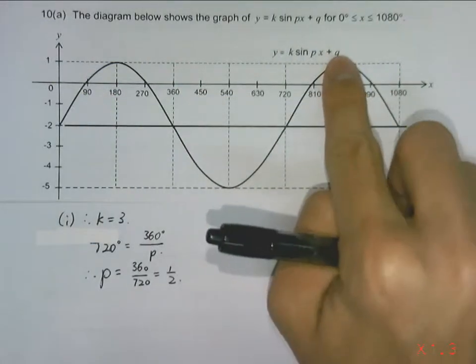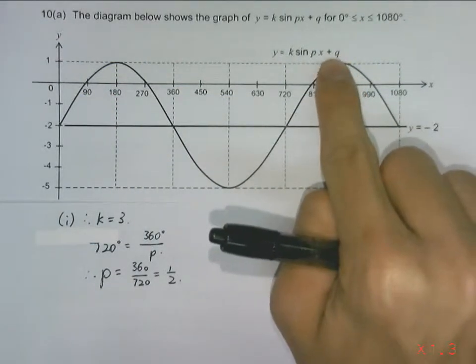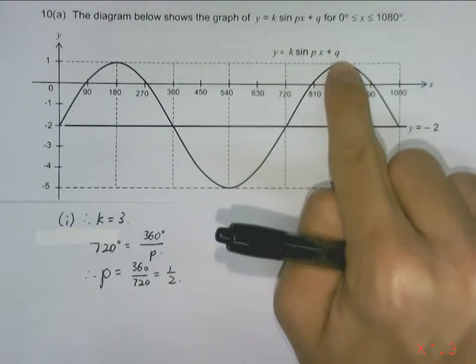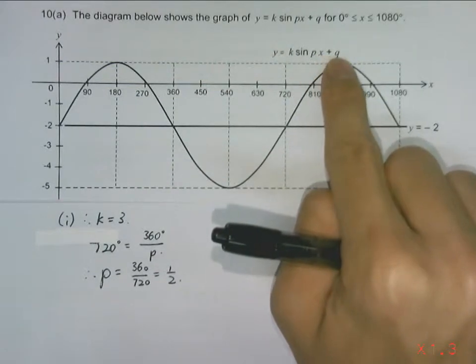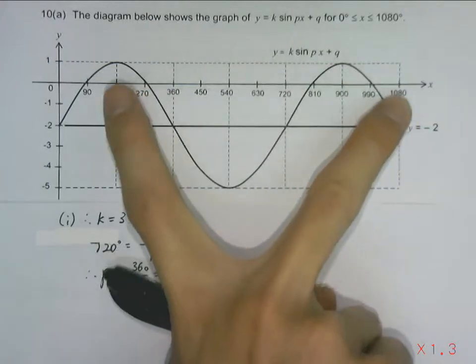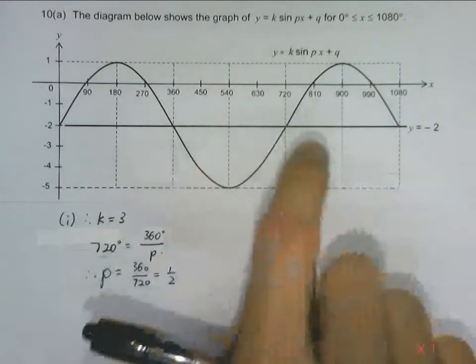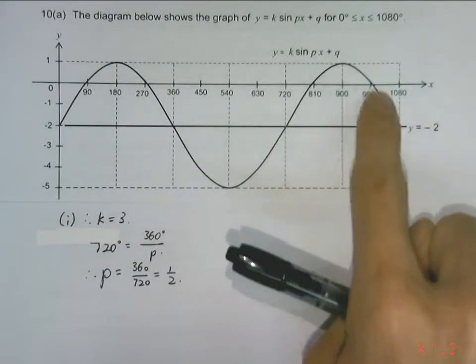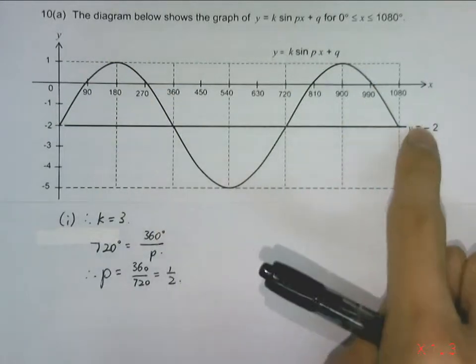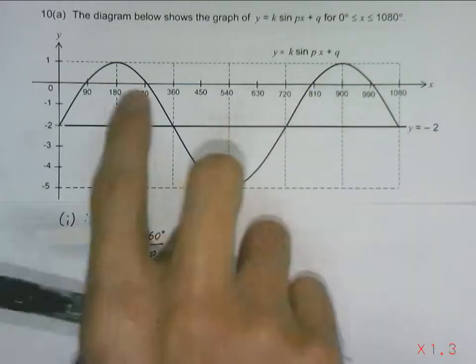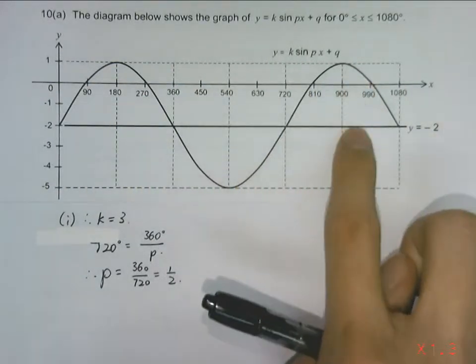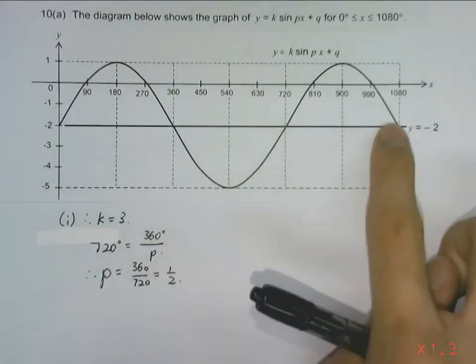Now when it's affected by this q, it's because you add q. So either you add q or you subtract q, it will affect this central line. So the x-axis will shift up or down. So notice that for this sine graph, the central line is at y equals minus 2. So it has come down from the x-axis by 2 units to this central line here.